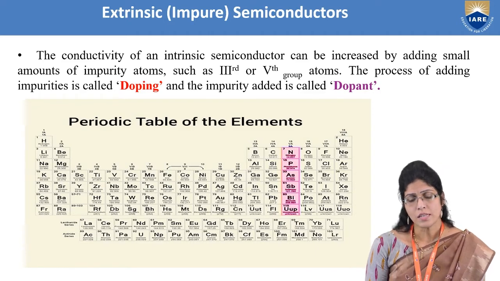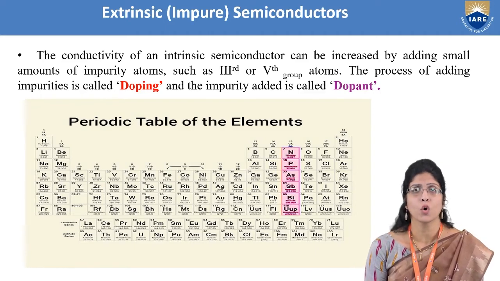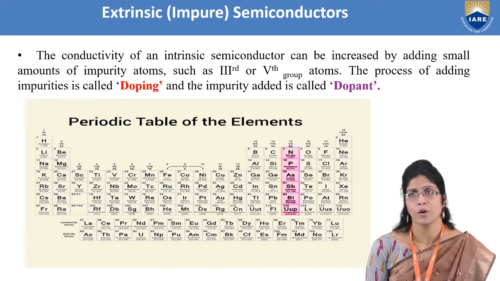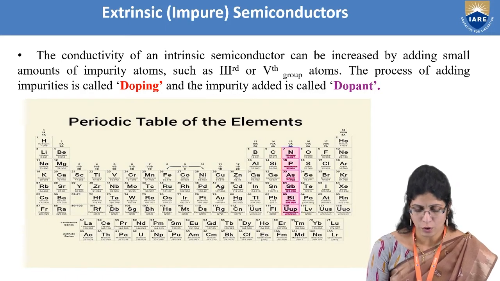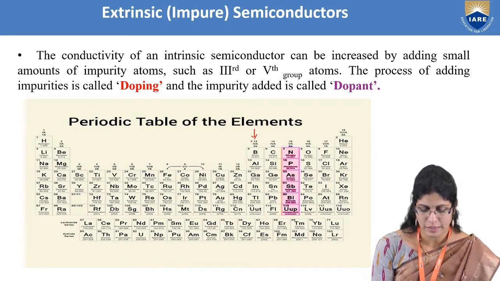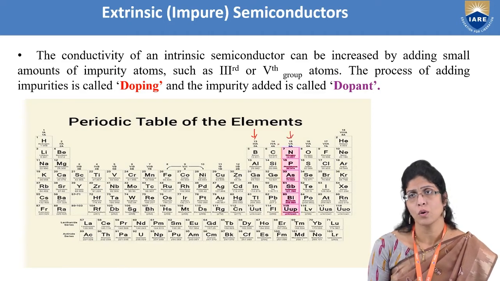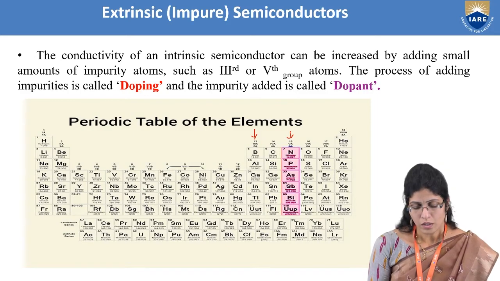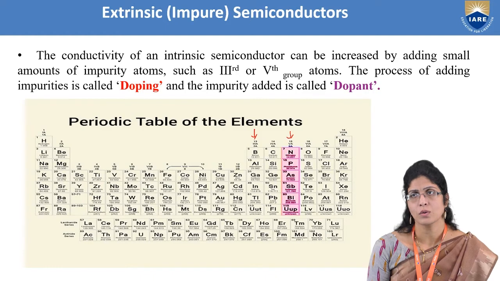This process is known as doping, where you add other elements of either the third group or the fifth group, which fall into the 13th and 15th columns. As of now, let us take the fifth group atoms into consideration.